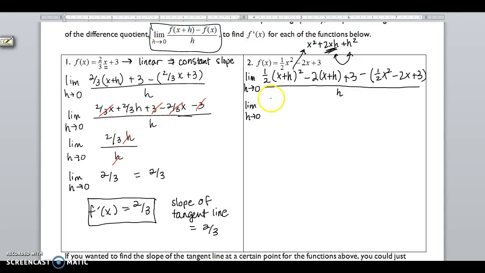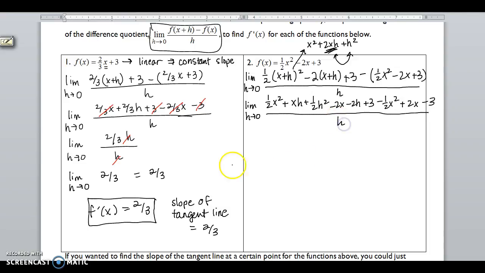So we have to distribute the 1/2 there. 1/2 x squared plus 1/2 times 2xh will just be xh plus 1/2 h squared minus 2x minus 2h plus 3, and then distribute the negative. Negative 1/2 x squared plus 2x minus 3 all over h. So you've expanded, and now we cancel.